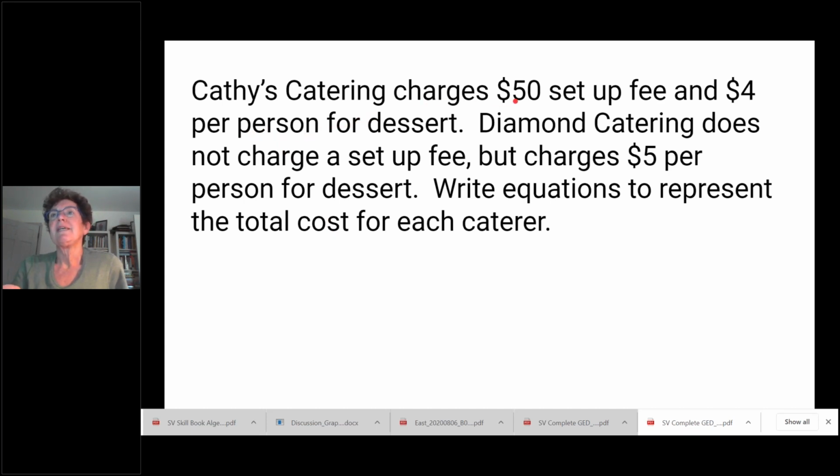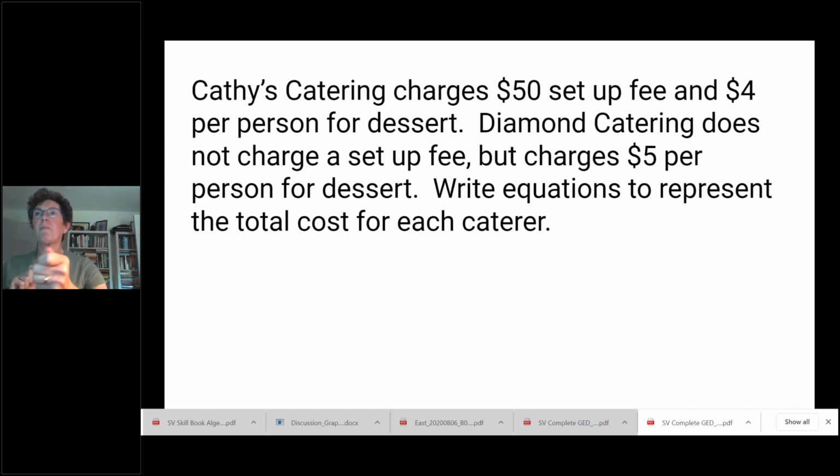So you can see here that Kathy's Catering is going to, let's think of this event. We're in the room. The catering company has set up the table. They have the servers in place. The food is in place. And I pay them $50. That's what the setup fee means, is that as soon as they've gotten everything set up, I owe them $50.